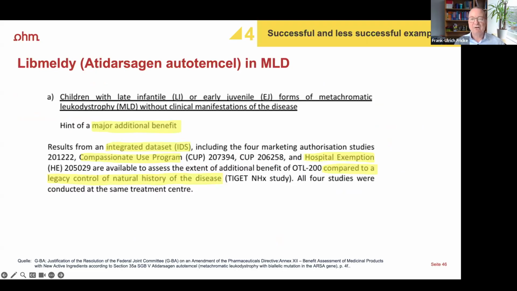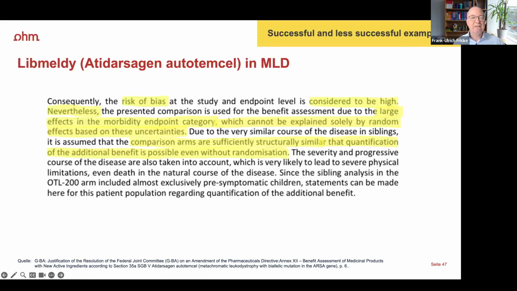So one example is here, Libmeldy in MLD, and here you can see even a major additional benefit was assigned based on, as you can take from the slide, I would say, a variety of data sets. Now, having that said, what were the reasons to accept these data as a basis for a major additional benefit? And these were the large effects in morbidity, not explainable by random effects.